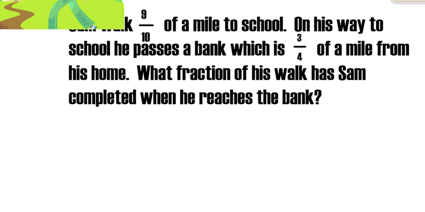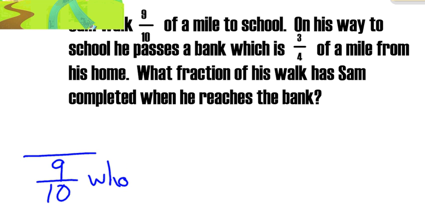Okay, to solve this problem, we need to kind of understand the big picture here, right? We understand that it takes him 9/10 of a mile, right? So this is the whole distance that he needs to cover. And if we think about it, this whole distance is very similar to the denominator of a fraction. Now we also learned that 3/4 is what he's covered.